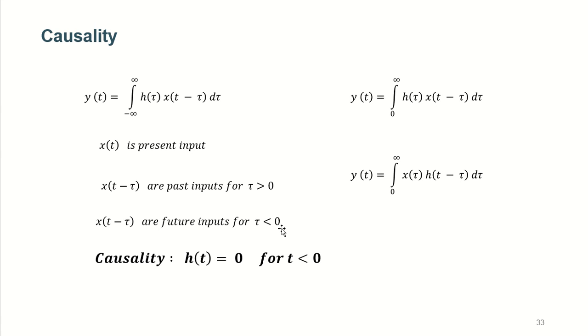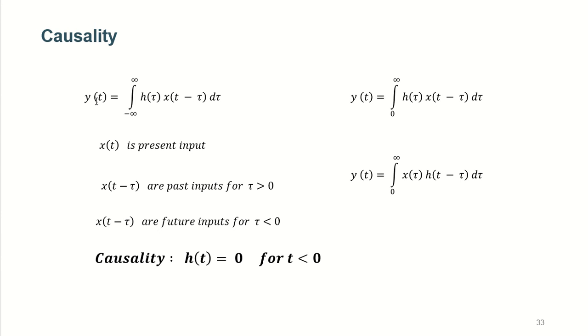So either h of tau or x of t minus tau, one of them must be 0 for tau less than 0. When I put the value of tau equal to -1 here, it will be h of -1 into x of t minus 1, right?